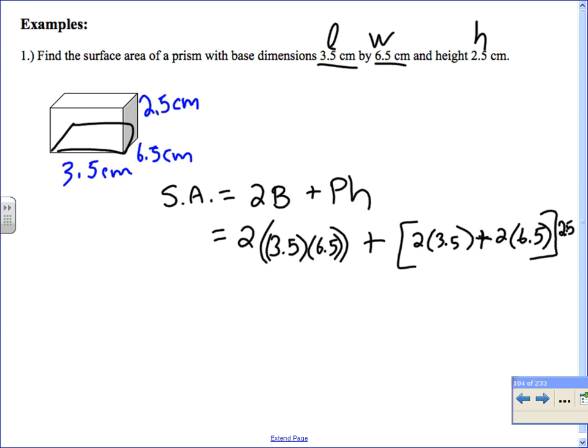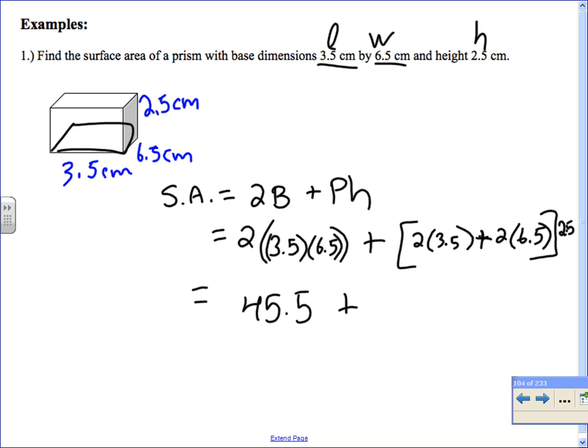All right, in your calculator, take 2 times 3.5 times 6.5. Tell me what you get. Matt, what did you get for this part? Good. Plus, Justin, what did you get for inside these brackets, or the whole thing? So do what's inside brackets and then times 2.5.